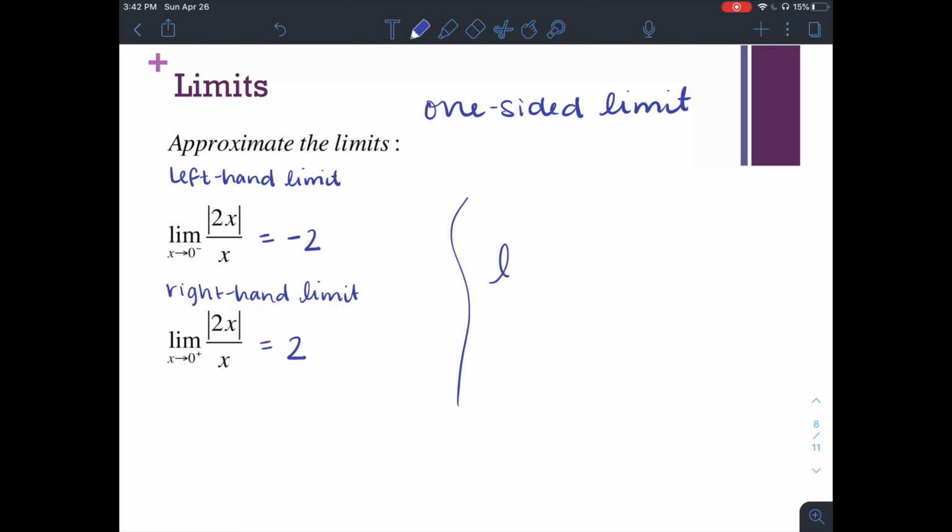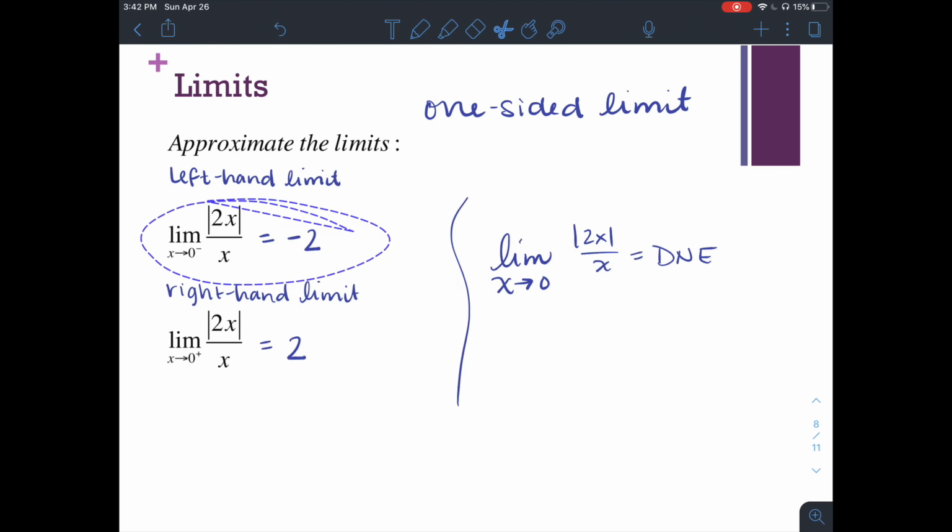And looking at these two, if someone came along and said, well, what's the limit? Well, let's write a limit there. As x approaches 0, no positive or negative, of the absolute value of 2x over x, we would say this does not exist because the limit from the left and the limit from the right don't match.